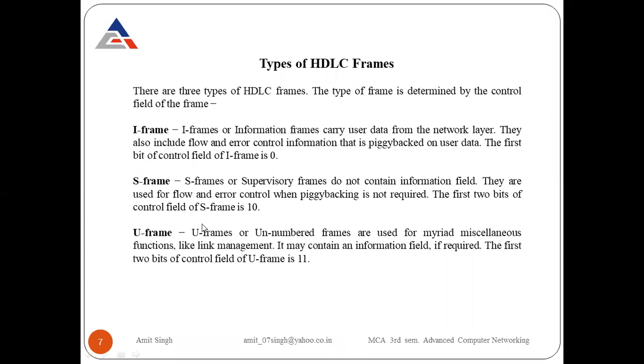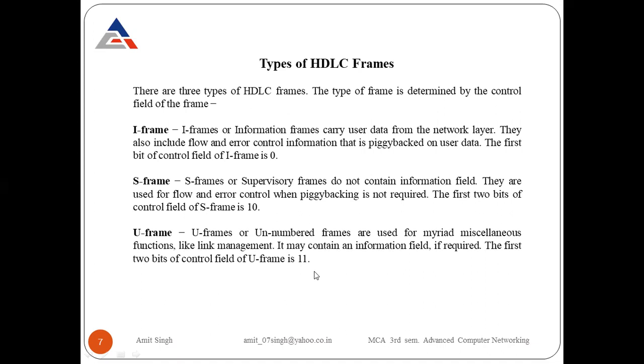It may contain an information field if required. If there is a requirement, then it also contains the information field, which contains information about the particular frame. The first two bits of the control field of U frame are 1 1. Whenever the control field value is 1 1, we simply know it is a U frame.